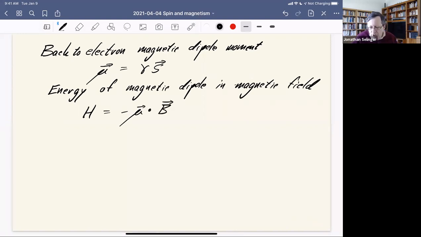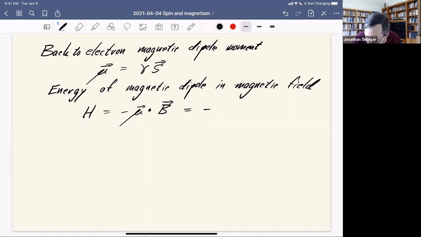Mu is the magnetic dipole moment and B is the applied magnetic field. Is that kind of familiar from E&M classes or university physics? Okay, good. Now, if we combine that equation with the equation for the magnetic dipole moment, we get an energy that depends on the spin.